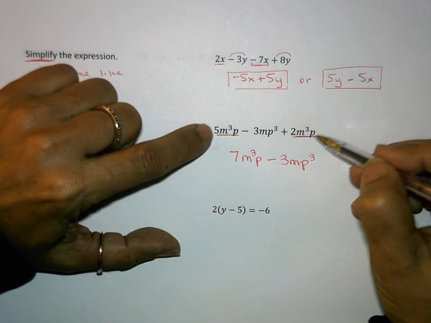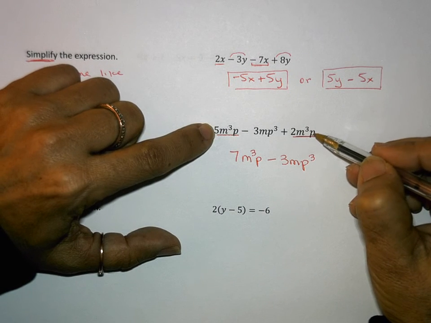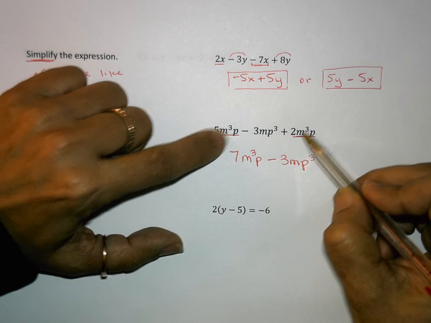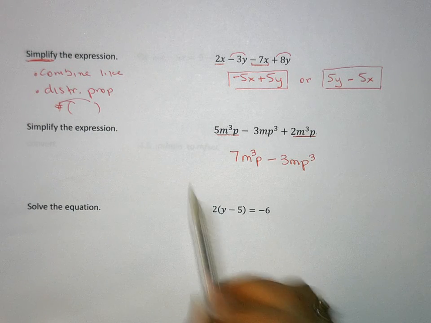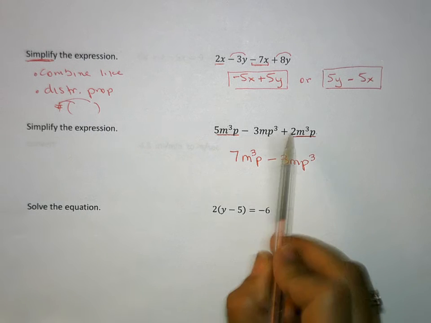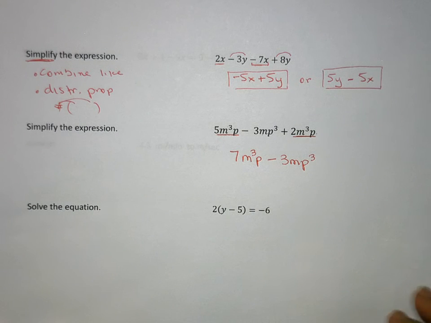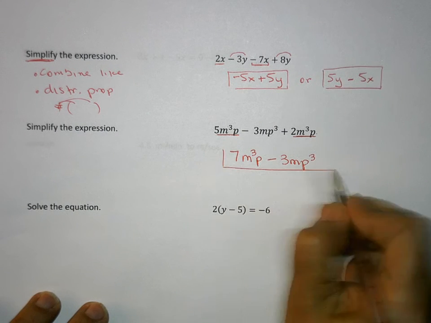I just combined the two that were the same, because they have the m cubed p. So they are the same term. I combined their constants, 5 plus 2 is 7, and that is the answer.